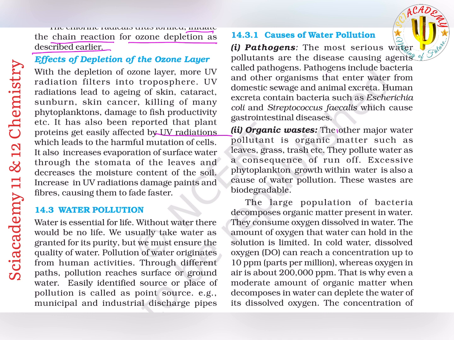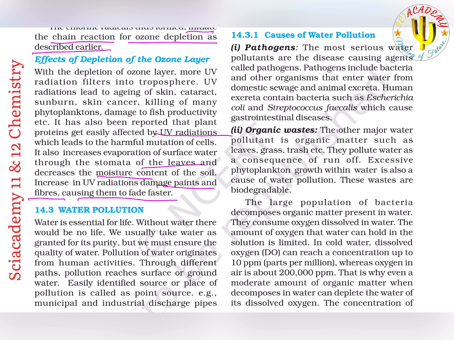It also increases evaporation of surface water through the stomata of the leaves and decreases the moisture content of the soil. Increase in UV radiation damages plants and fibers, causing them to fade faster.